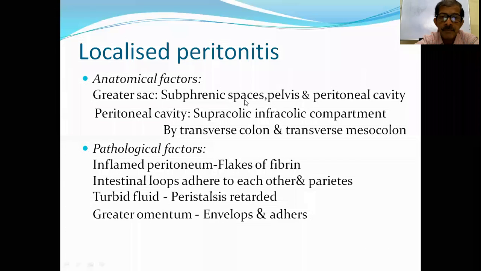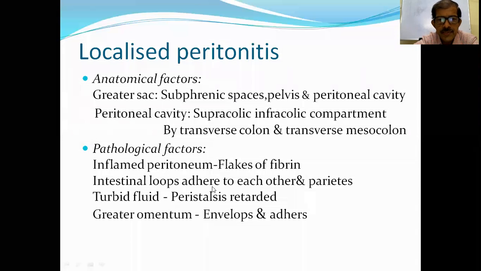So anatomically mainly limited by spaces, and the abdominal cavity itself divided into two by supracolic and infracolic compartments by transverse colon and mesocolon. Pathologically, of course, the flakes, the adhesions, thick turbid fluid, and the greater omentum.